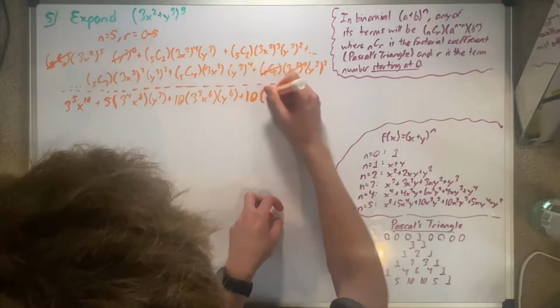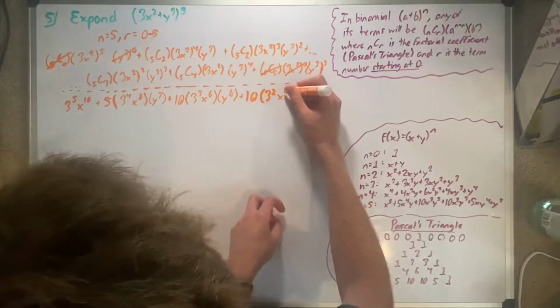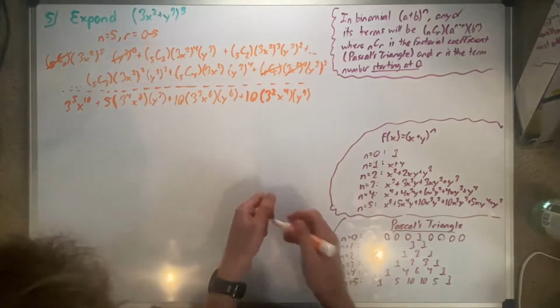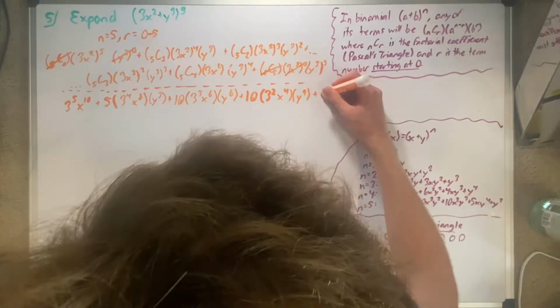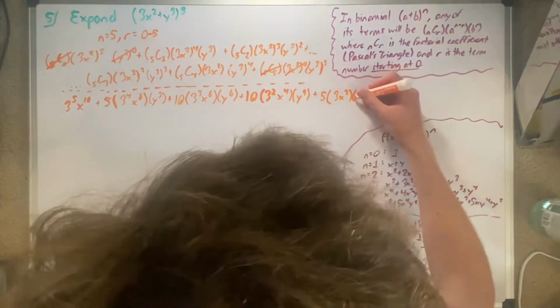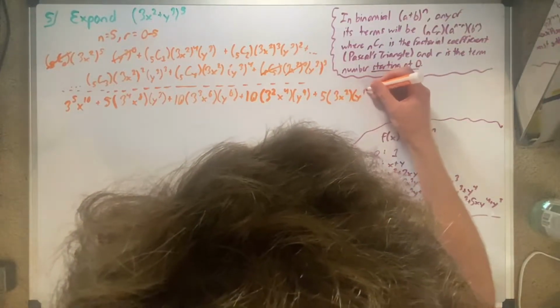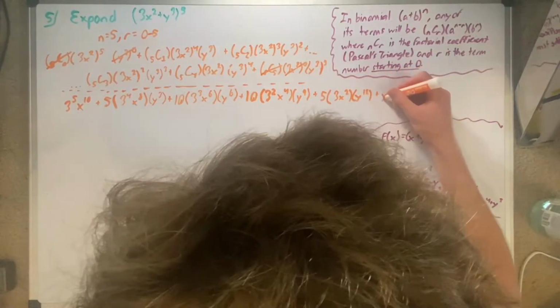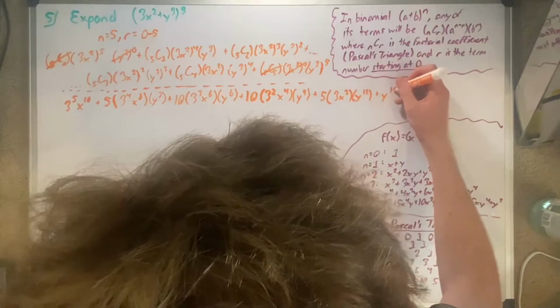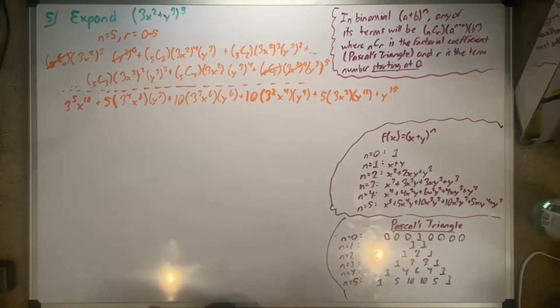Plus 10, 3 to the 2nd power, x to the 4th power, times y to the 9th power plus 5, 3x to the 2nd power, y to the 12th power plus y to the, this is a 5, not a 3, to the 15th power, or y to the 15th power. Oh, let's keep going. We're close now. 3 to the 5th power.